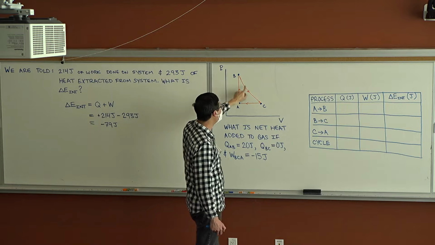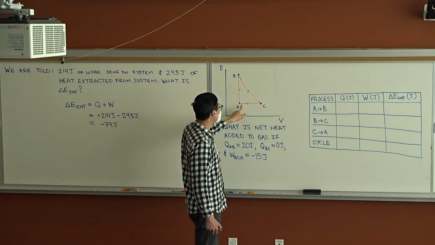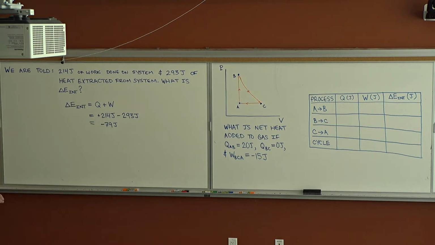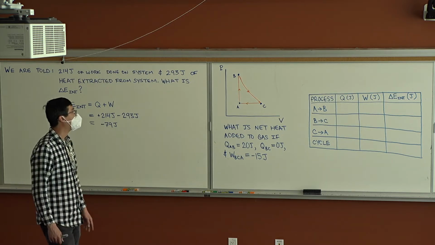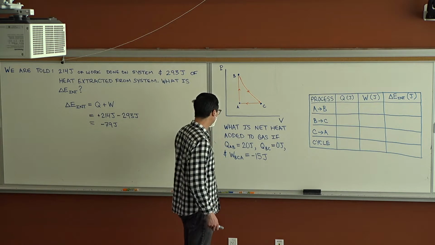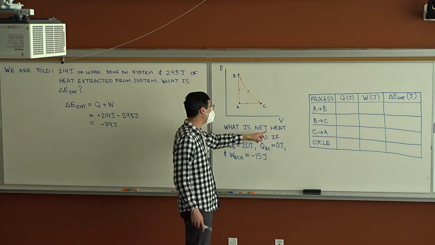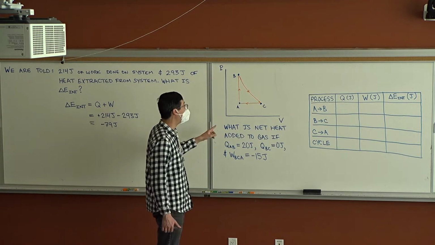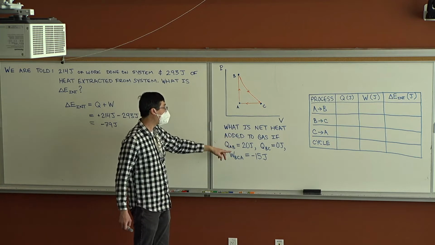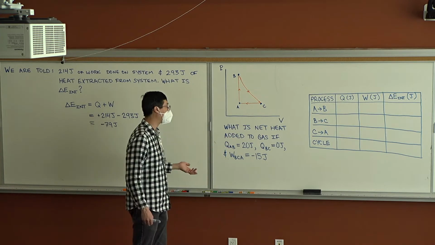It begins at A, goes to B, goes to C, goes back to A. We're asked to find the net heat per cycle added to the gas, and we can assume ideal monatomic.